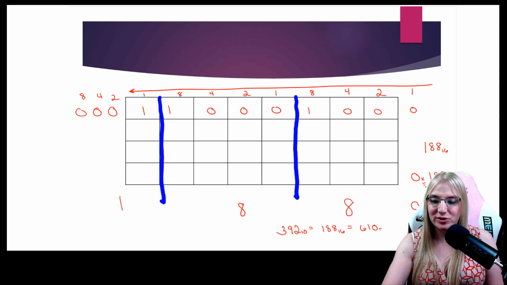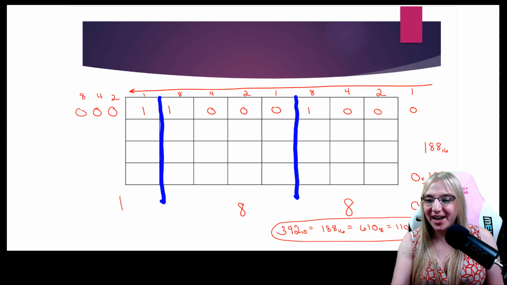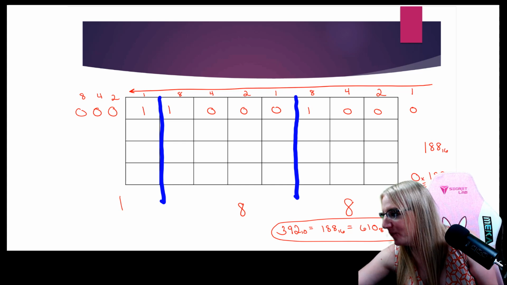We did that in yesterday's tutorial, guys. And then in binary, it's going to be the typical 1 1 0 0 1 0 0 base 2. So all of these are the same. They all mean exactly the same. Pretty cool, isn't it? At least I think so.